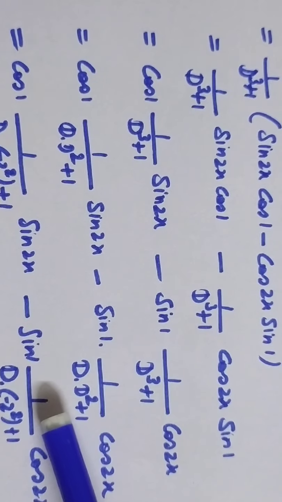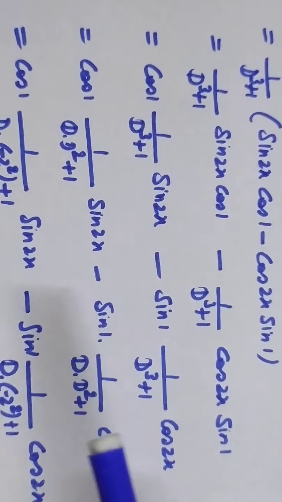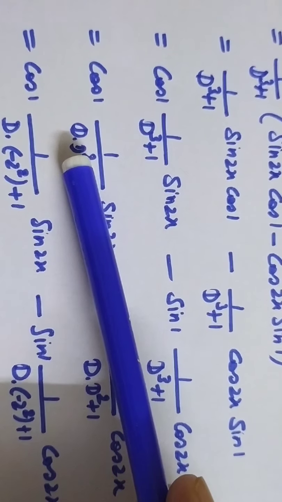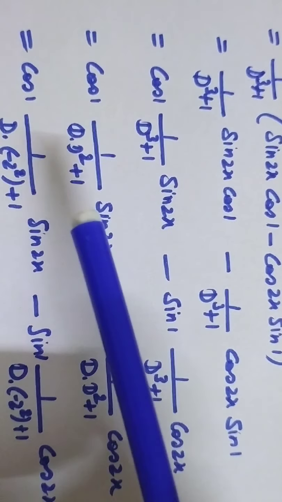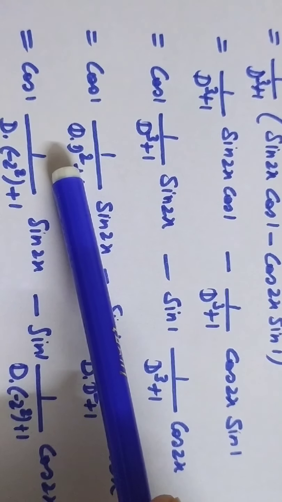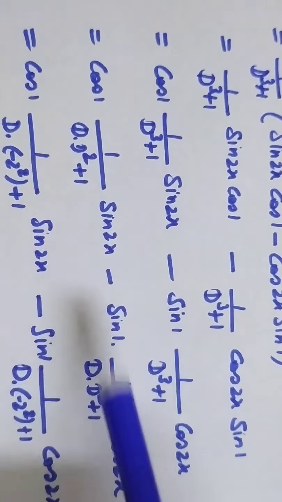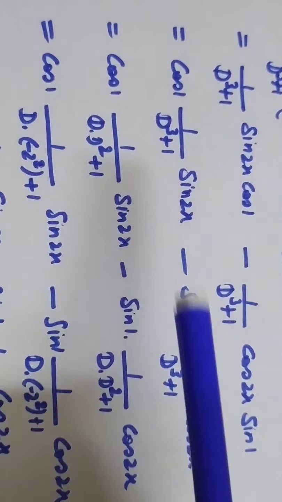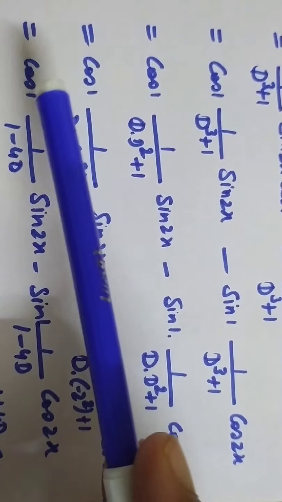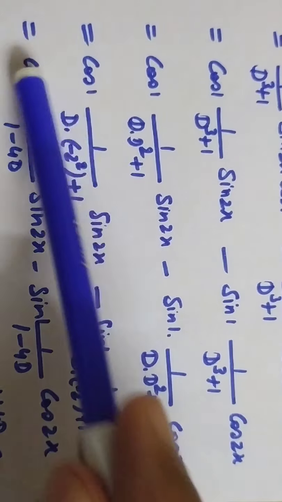Similarly, this D cube is split into two parts, D into D square plus 1. The reason is that you have to replace this D square by minus a square, and a is nothing but 2. And when you replace this D square with minus 2 square on the two sides, you will get the equation like this one, cos 1. Why am I putting this cos 1 and sin 1 outside? Because these are constant terms.